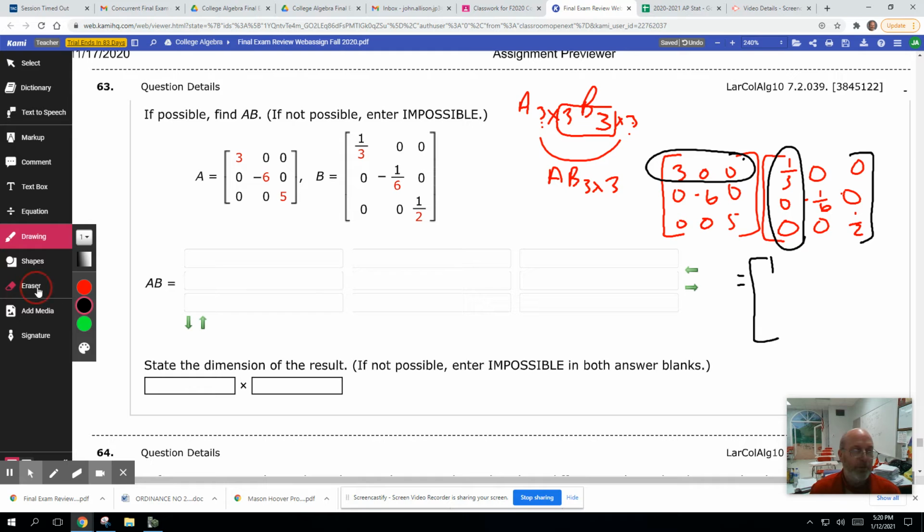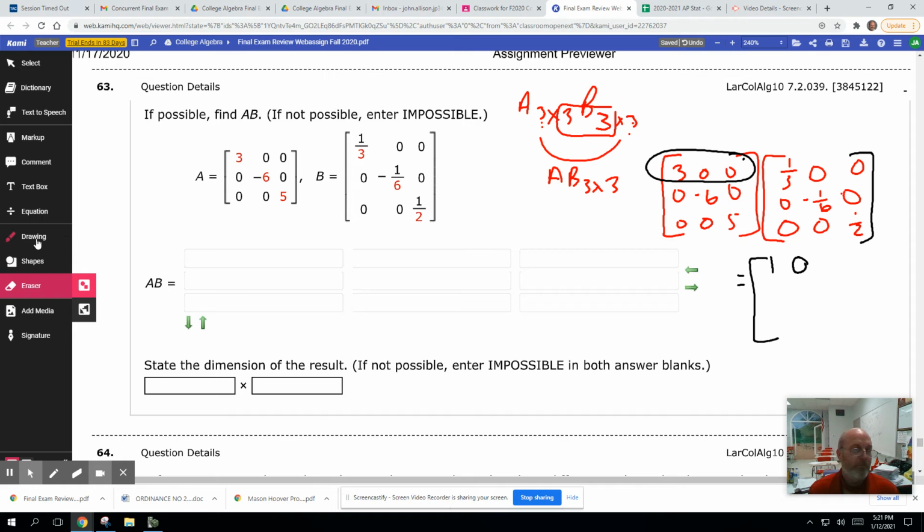To get the second entry, I do the first row times the second column. And that's going to give me 3 times 0, which is 0, plus 0 times negative 1/6, which is 0, plus 0 times 0, which is 0. So all that just equals 0.